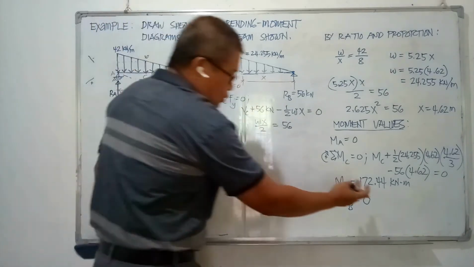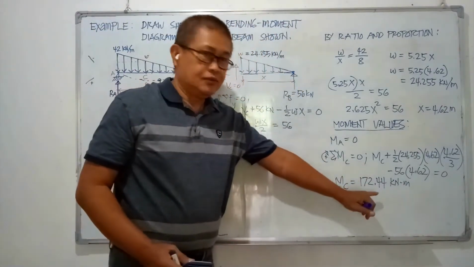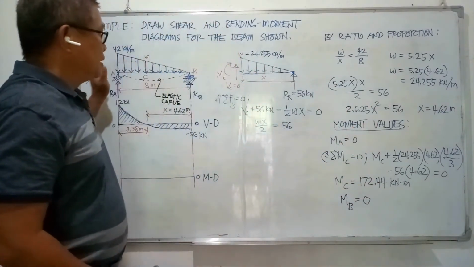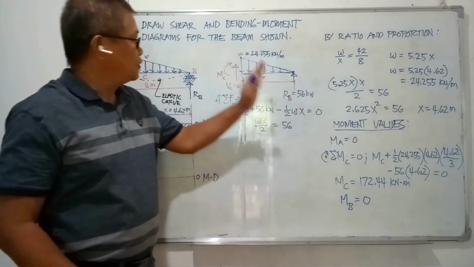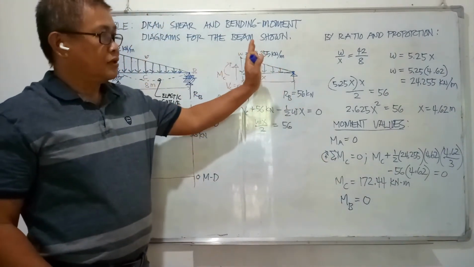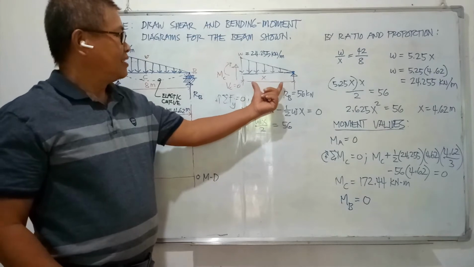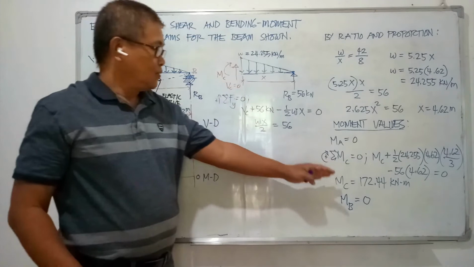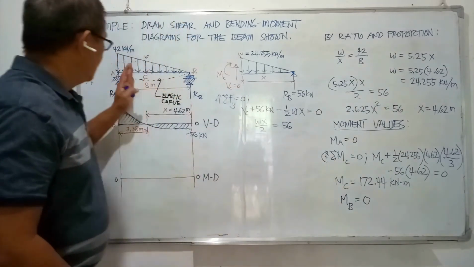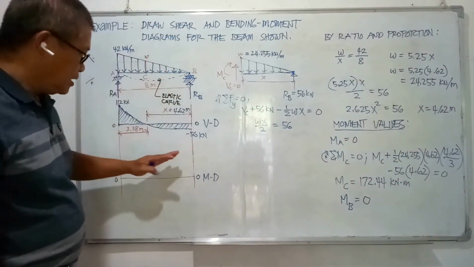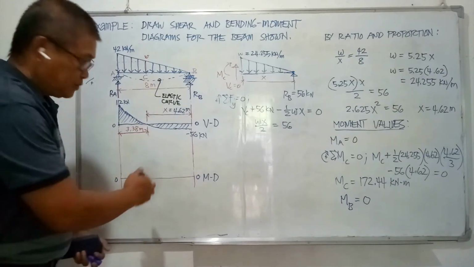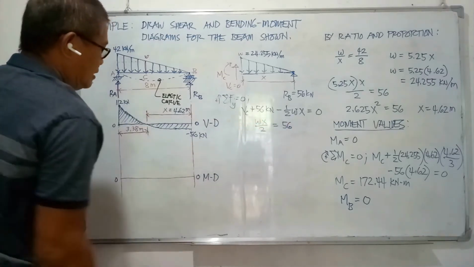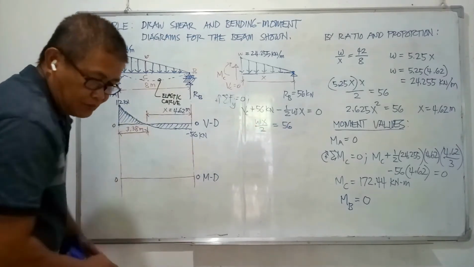So we'll just try to check this value by considering the right segment, because this value is computed using the right segment with X distance from joint B to point C. So let's solve for M sub C using the left segment after we draw the moment diagram. So we just draw the moment diagram first, before finally checking the value of the moment at C.